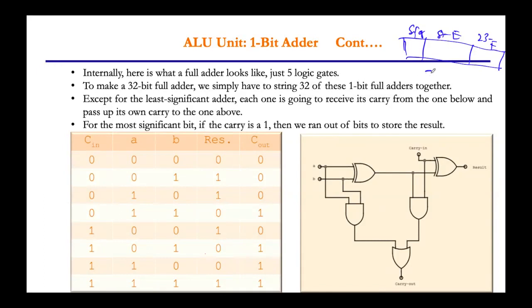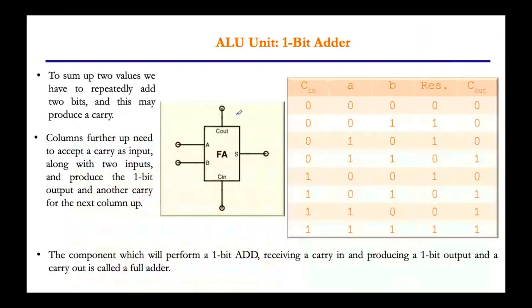So for this total 32 bits, how many units we need? 32 1 bit full adders are required for ALU. We just followed for only one full bit adder.